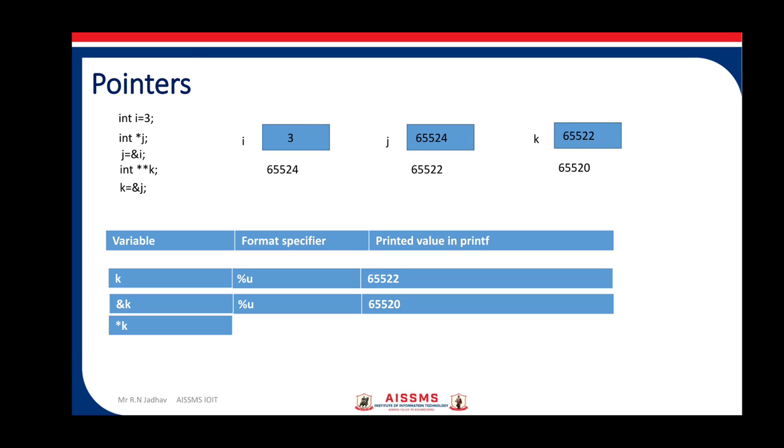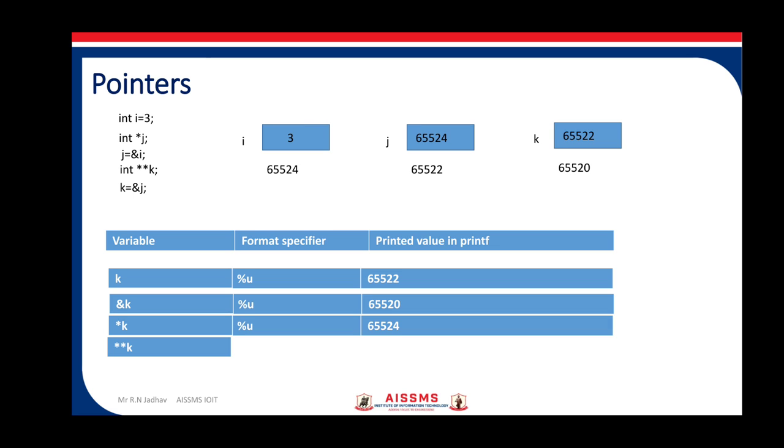The address or the content in k is 65522. So what is the value at that address? 65524. But that value 65524 is again an address of another variable. So the format specifier required will be %u and it will print 65524.